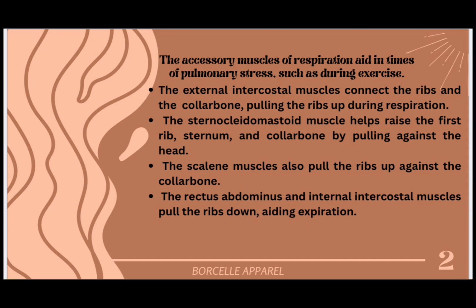Second, the sternocleidomastoid muscle helps raise the first rib, sternum and collarbone by pulling against the head. Third, the scalene muscles also pull the ribs up. Fourth, the rectus abdominis and internal intercostal muscles pull the ribs down, aiding expiration.